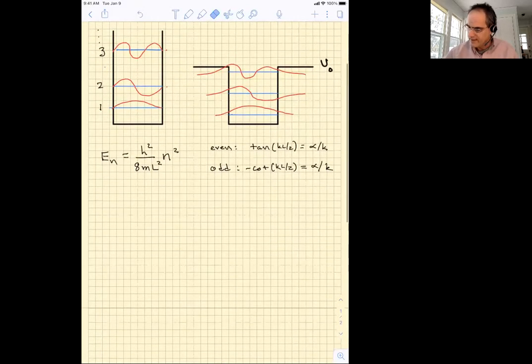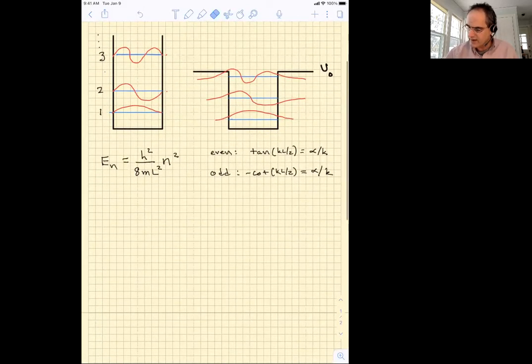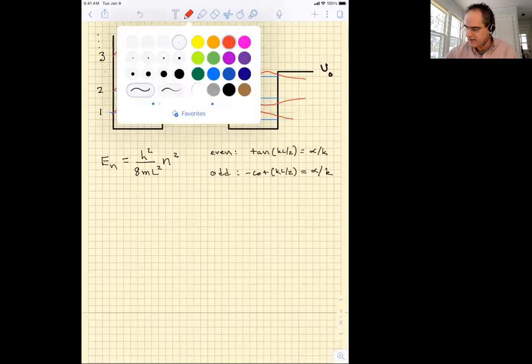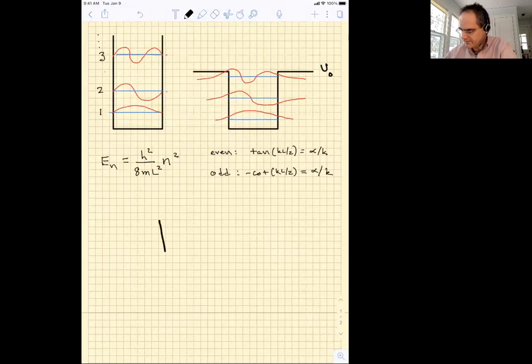Okay? Now, the system we're going to talk about today is called the harmonic oscillator potential, and I'll just sketch it right now. I'll do my best here. I was hoping the system would draw it automatically, but just give me a second.